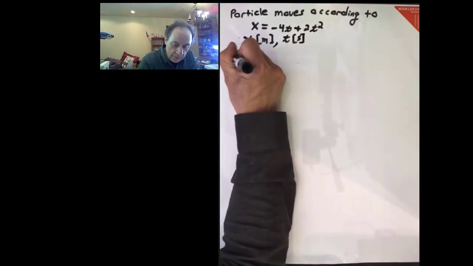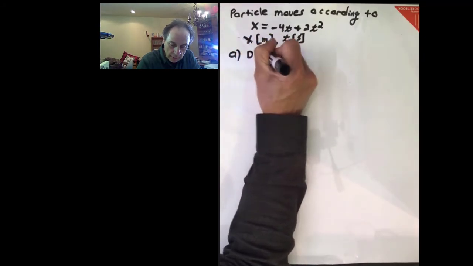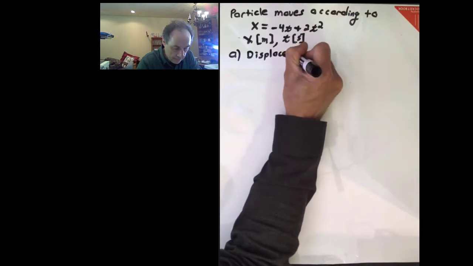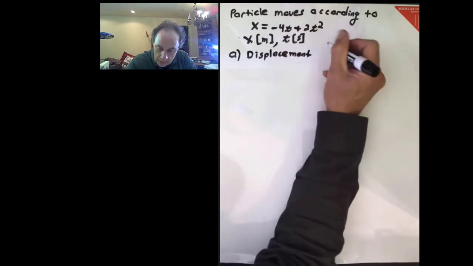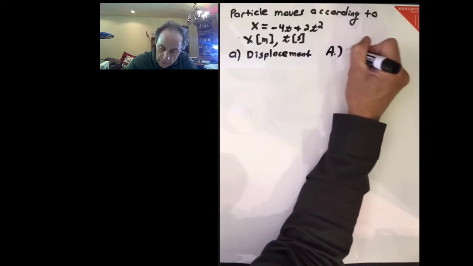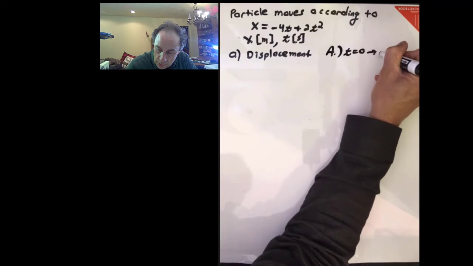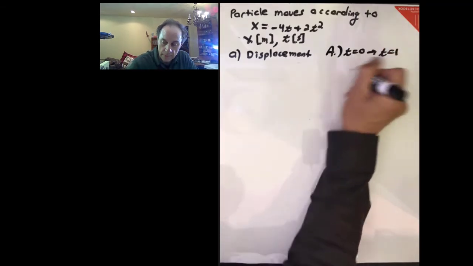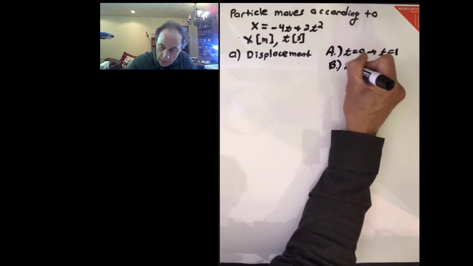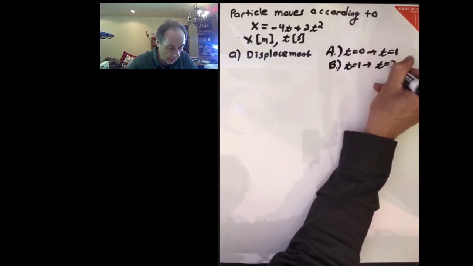We are asked to find the displacement of the particle, and we're going to have another A here, big A, from t equals 0 to t equals 1. Part B of this, from t equals 1 to t equals 3.